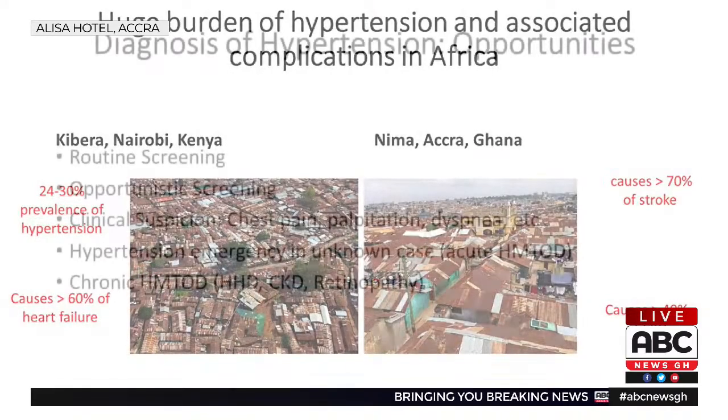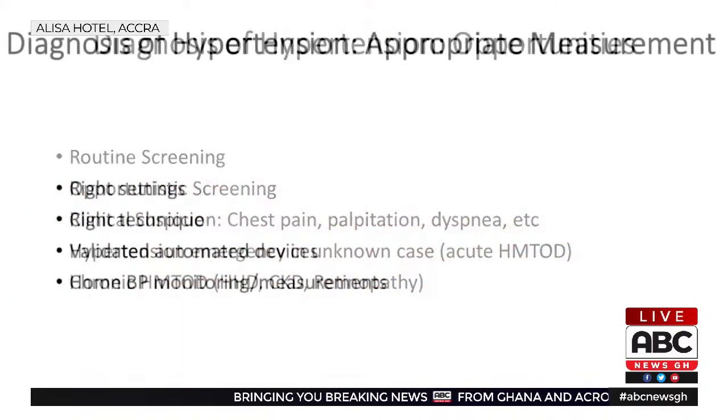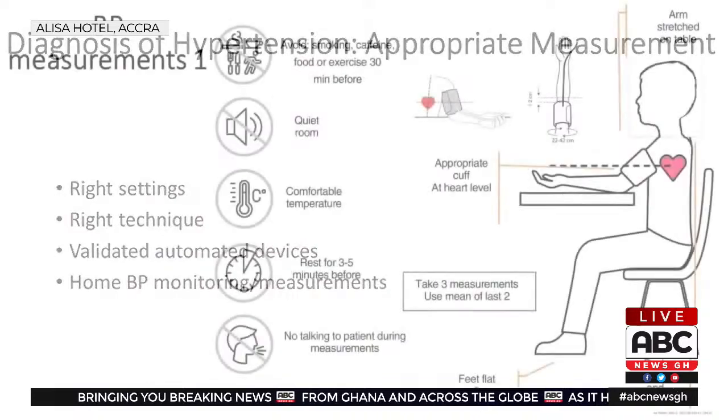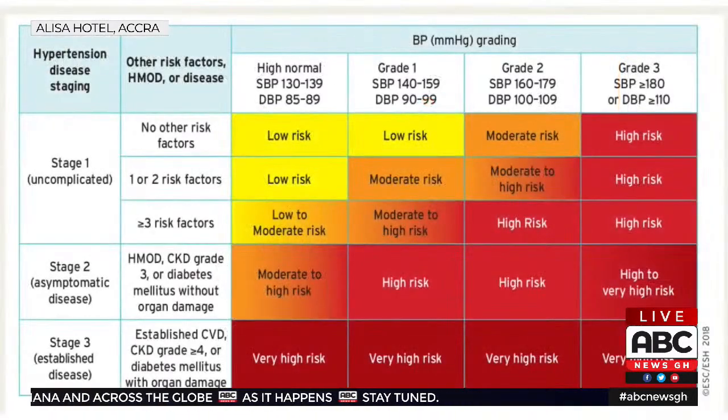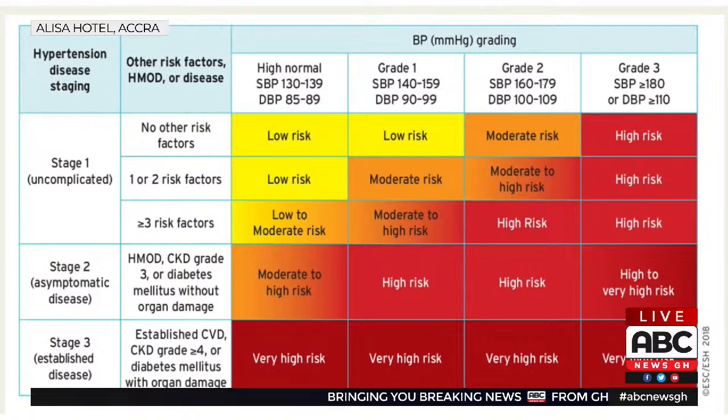Now, if the person has diabetes or has some kidney damage, then the risk is even higher. So that blood pressure is a lot more than what you think. So it's always important to have a complete evaluation of this patient, looking at hypertension with other risk factors, hypertension with some other established or subclinical end organ damage.